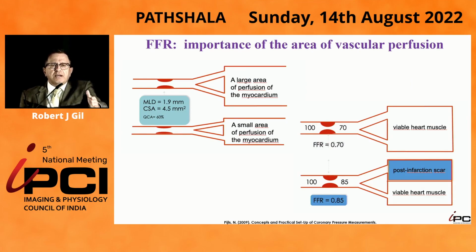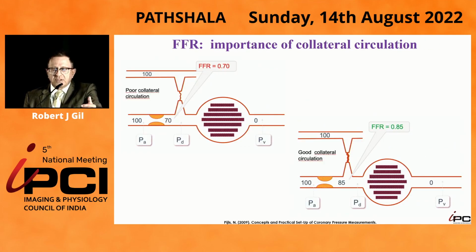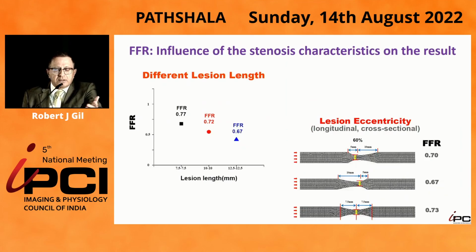intracoronary. I don't also want to go into the details of how important the area of vascular perfusion is, how important collateral circulations are, and then the different vessel length and stenosis per centimeter. But please take care that for your understanding of the need for potential revascularization of the patient, you have to take these facts into consideration.